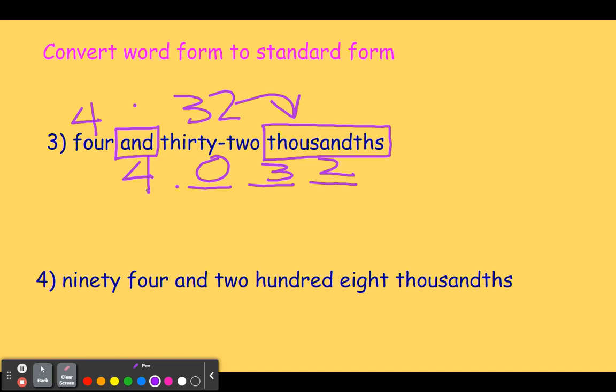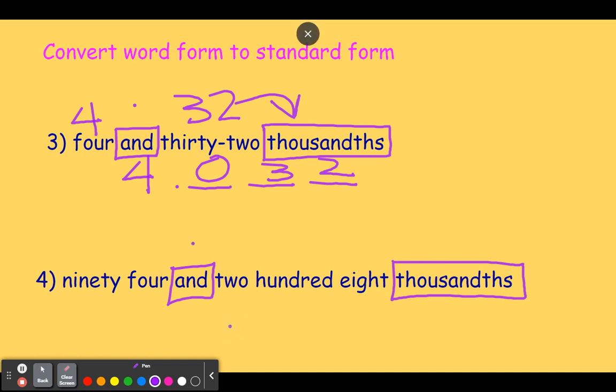Let's look at the next one. 94 and 208 thousandths. Again, I look for those keywords. My decimal place value keyword is thousandths. But I also have an and, and an and tells me that I'm going to have a whole number. So I'm going to put my decimal above the word and. For thousandths, I know it's 3 places after the decimal.